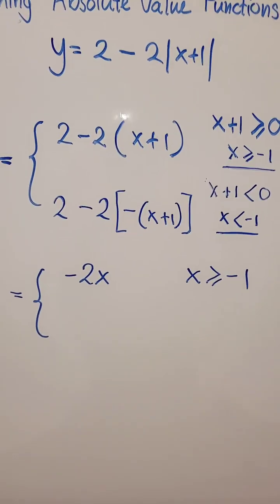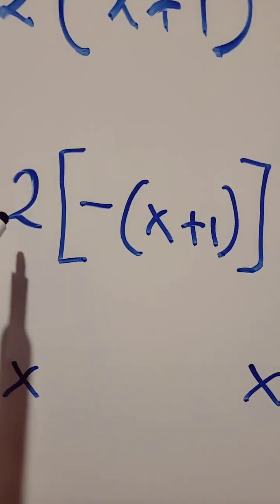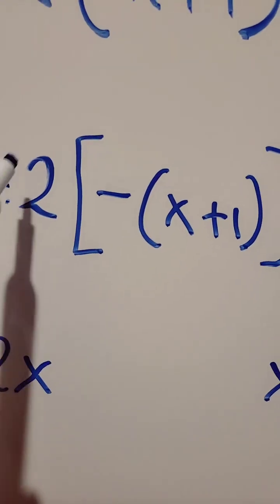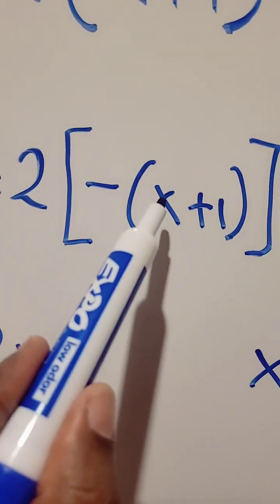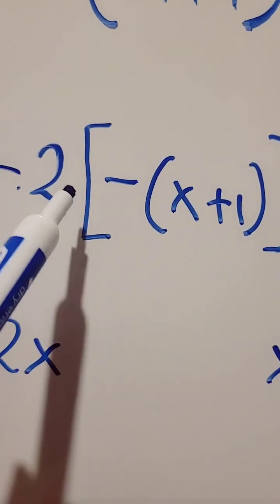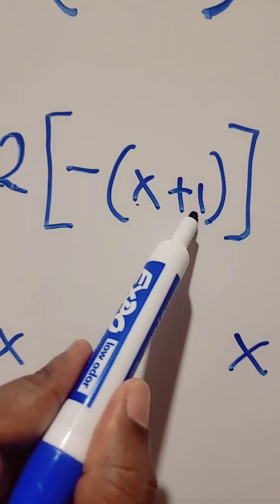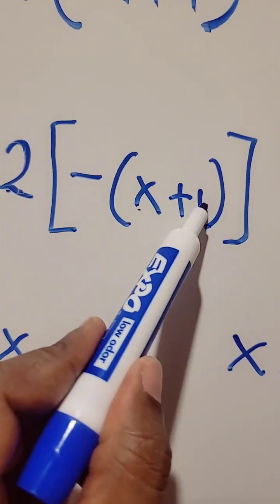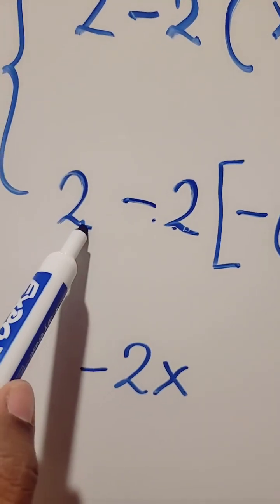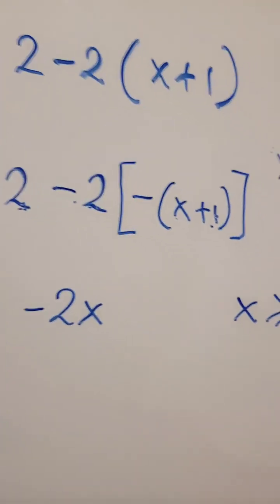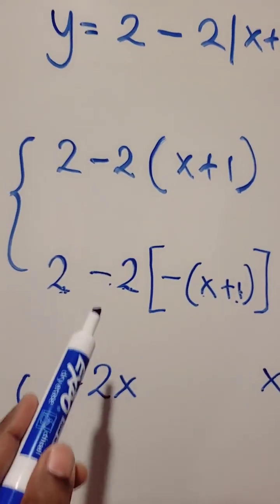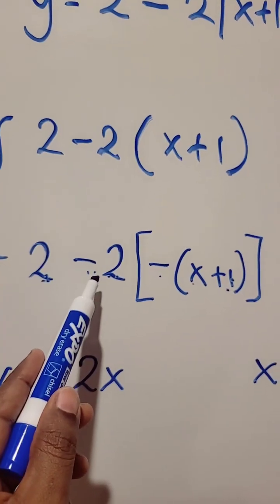It's simplified. Now here I have a minus 2 multiplied by this minus x plus 1. That's going to be plus. So I'll have a plus 2x and another plus 2, and that plus 2 plus this guy is going to be 4. Look carefully: minus times minus is plus.